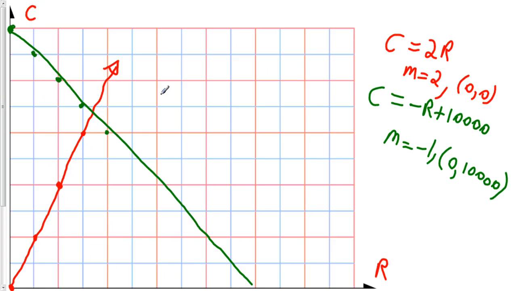The boundary line is r equals 3,000, which has an undefined slope and an x-intercept of 3,000, 0. Since I'm going by 1,000, this is 1,000, 2,000, 3,000, and I get this blue vertical line here.